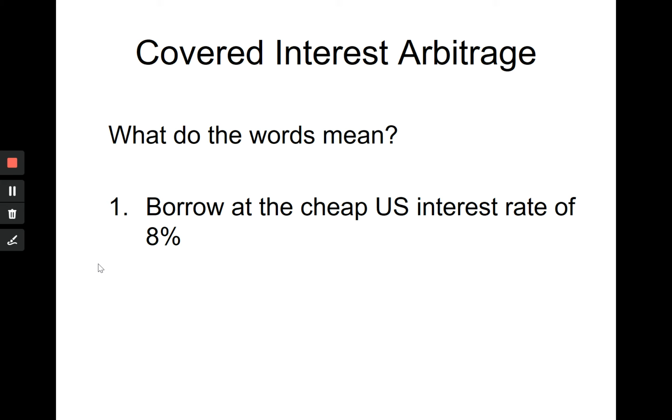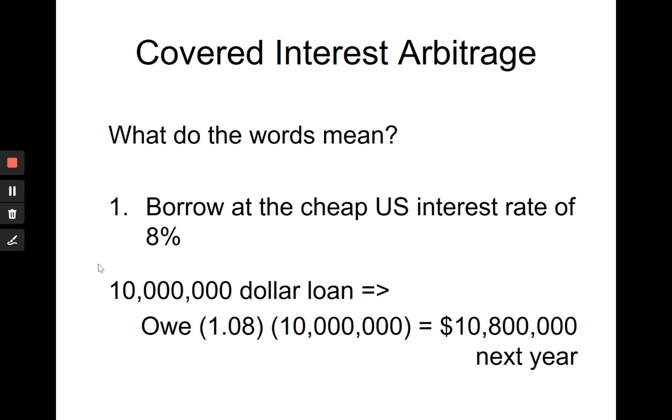We borrow at the cheap US interest rate of 8%. Let's borrow 10 million US dollars. Someone who does that is usually a multinational company and can deal with large amounts of money. If we borrow $10 million from an American bank today, we would receive a positive cash flow at time zero of $10 million.